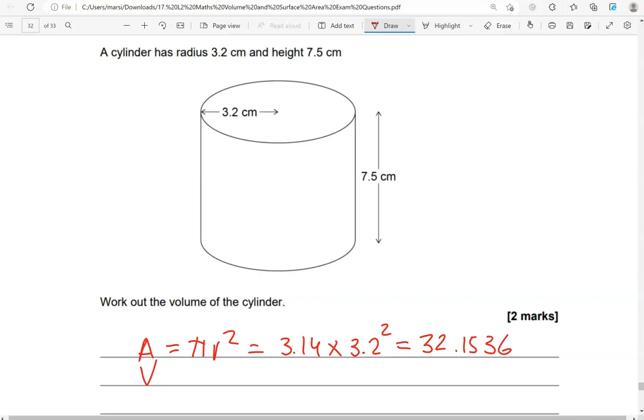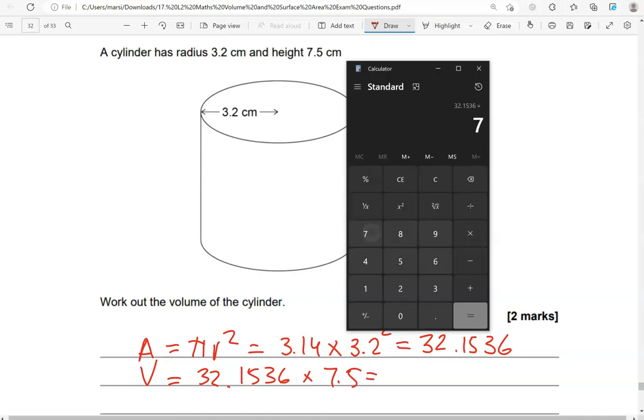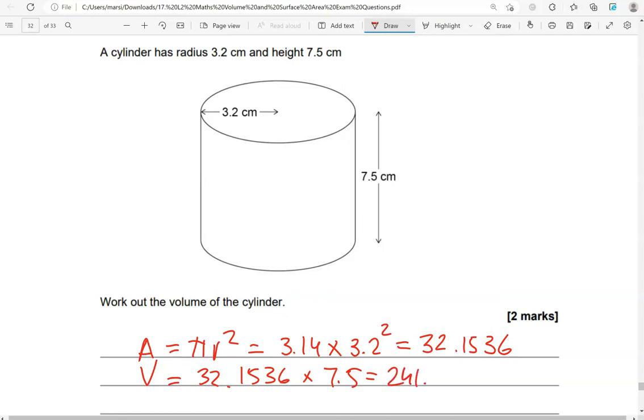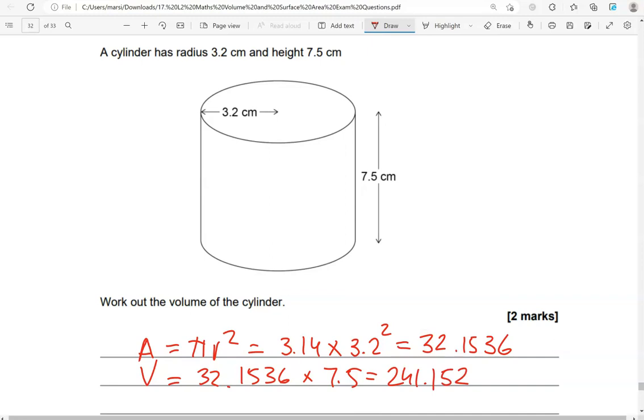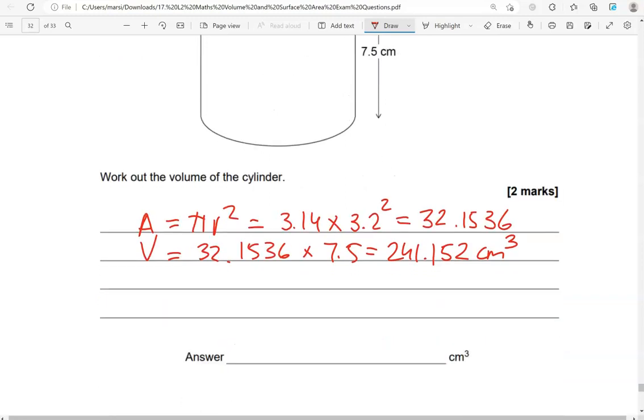Now, to work out the volume, we'll multiply 32.1536 by 7.5, and that is 241.152 cubic centimeters.